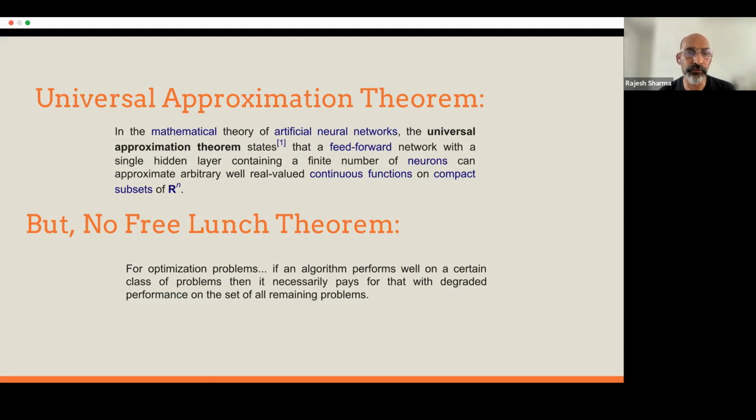Now that you can represent any function, you might think that we can solve general intelligence. But along with that comes the no free lunch theorem, which says that any algorithm that performs extremely well on a certain class of problems will not do well for other classes of problems.